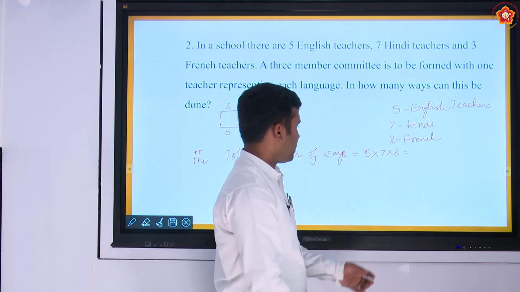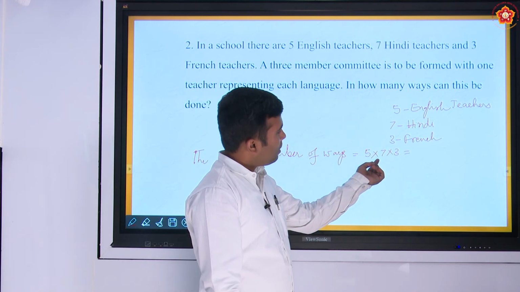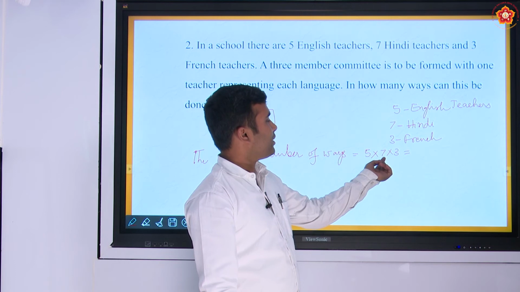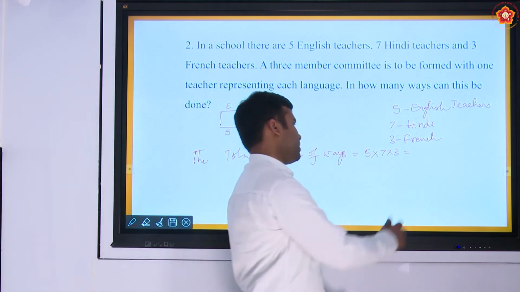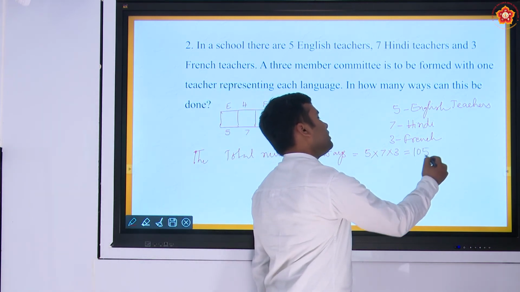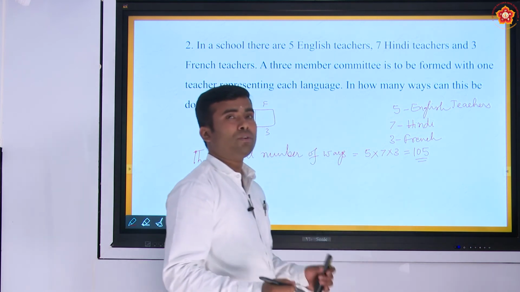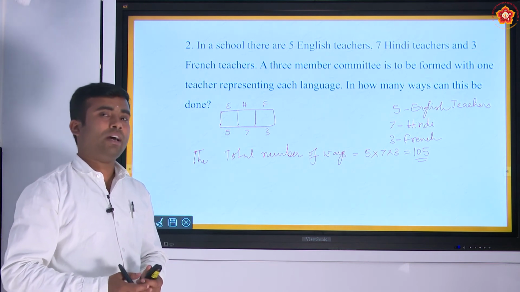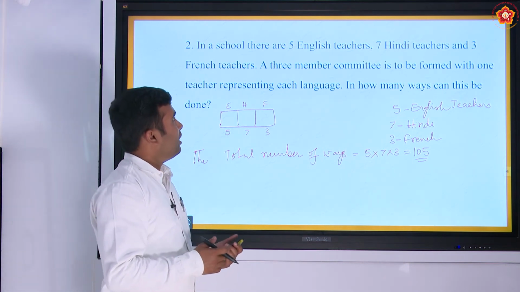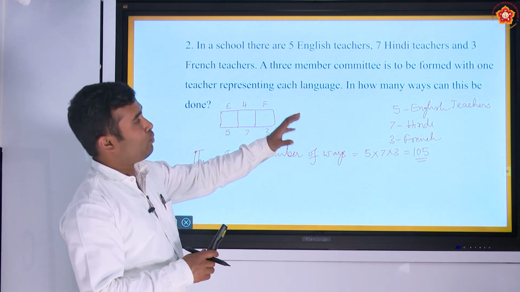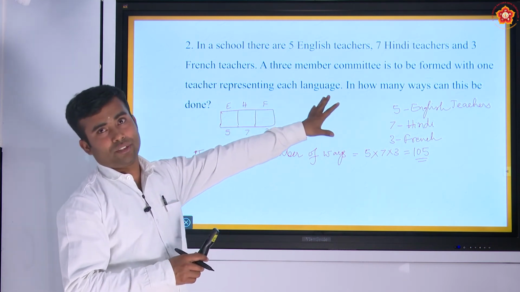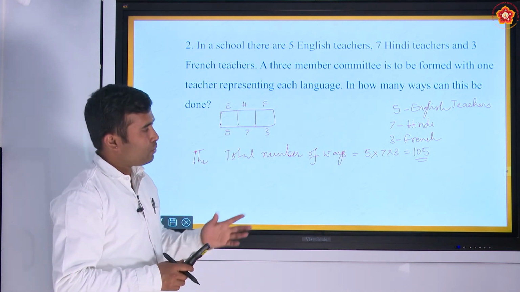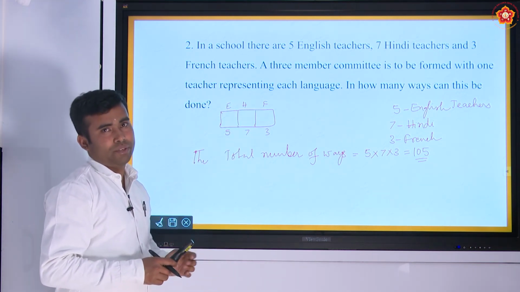So what is the answer for this? 5 sevens are 35, 3 sevens are 21, 21 fives are 105. There will be 105 ways the committee can be formed, with one teacher representing each language. That means the committee should have all 3 language teachers. So, there will be 105 ways we can do this.